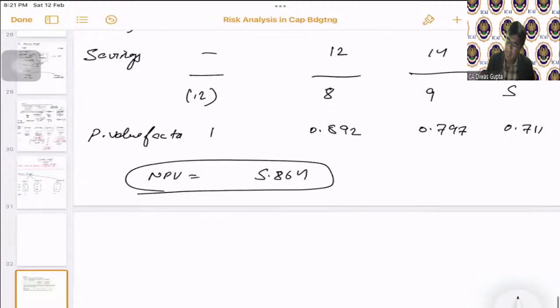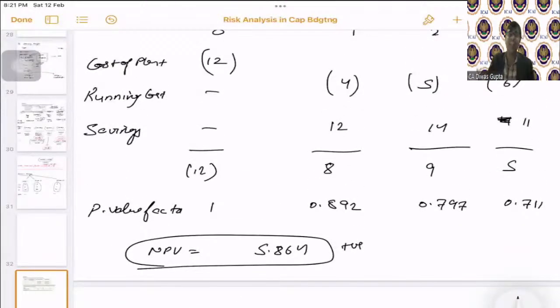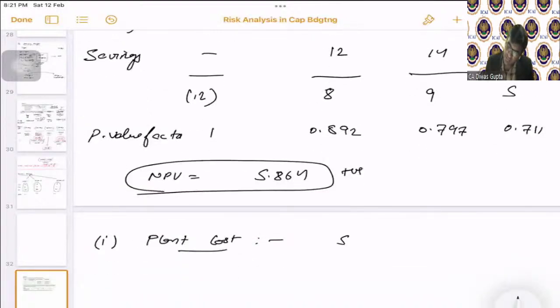Now, students, the NPV as of now is coming as positive at 5.864. First of all, it is asking us to calculate the plant cost: how much we increase it so that NPV becomes 0. So, students, 5.864 divided by 12 into 100 means 48.87 percentage.